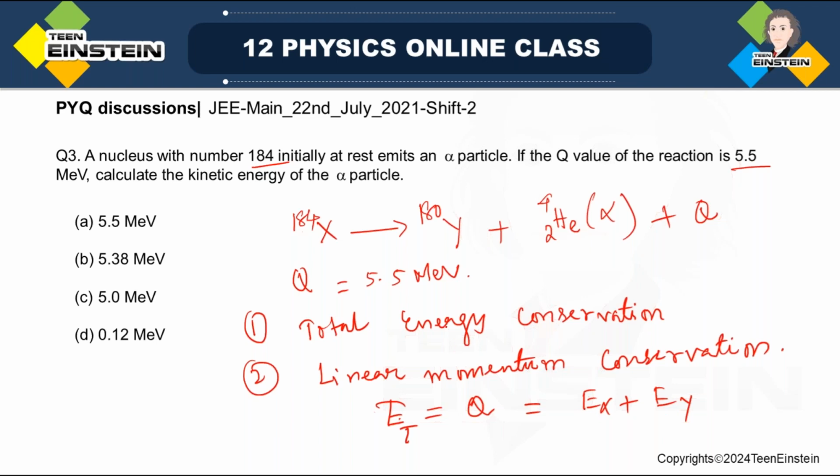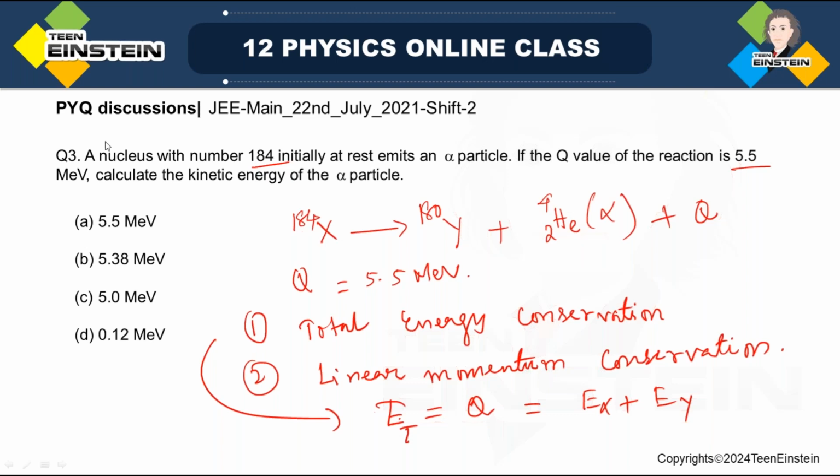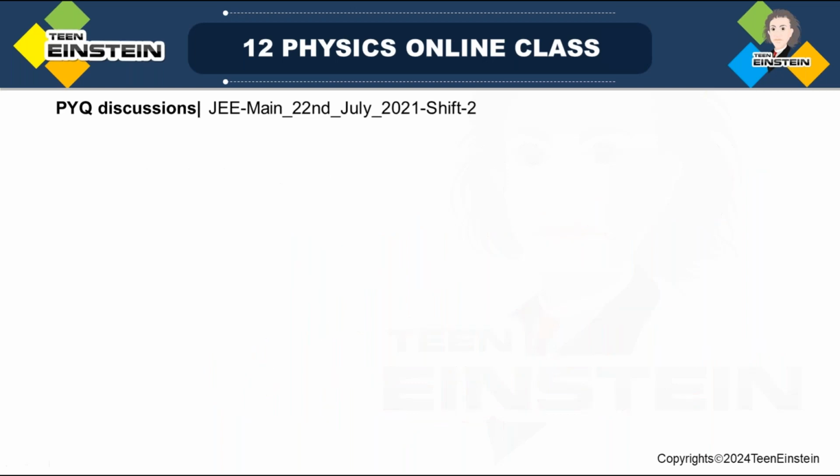Now we'll be applying linear momentum conservation. Look, the question is that the nucleus was at rest initially, and then it emits. Suppose this was the nucleus at rest, and then it undergoes alpha decay.